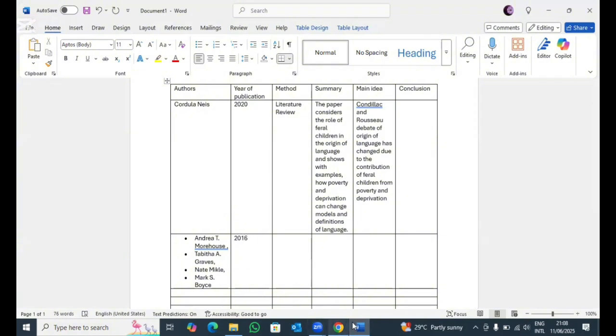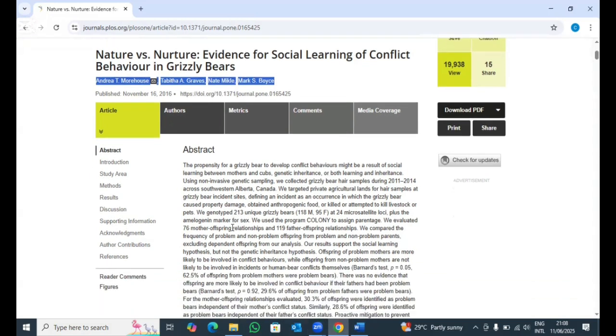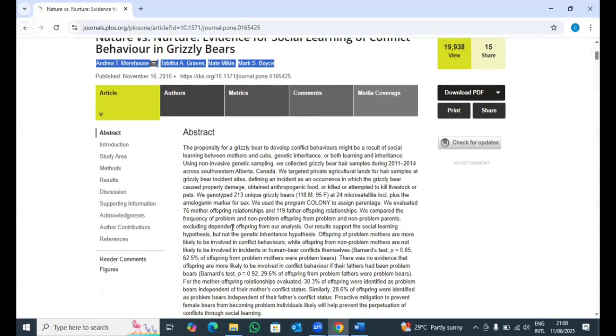Then the method, let's see what they used as their research method. Sometimes you even see it in the abstract. Let's read the abstract first before we go down. It says the propensity for a grizzly bear to develop conflict behaviors might be a result of social learning behavior between mothers and cubs, genetic inheritance, or both learning and inheritance. Using non-invasive genetic sampling, you see, you start talking of how they did it.